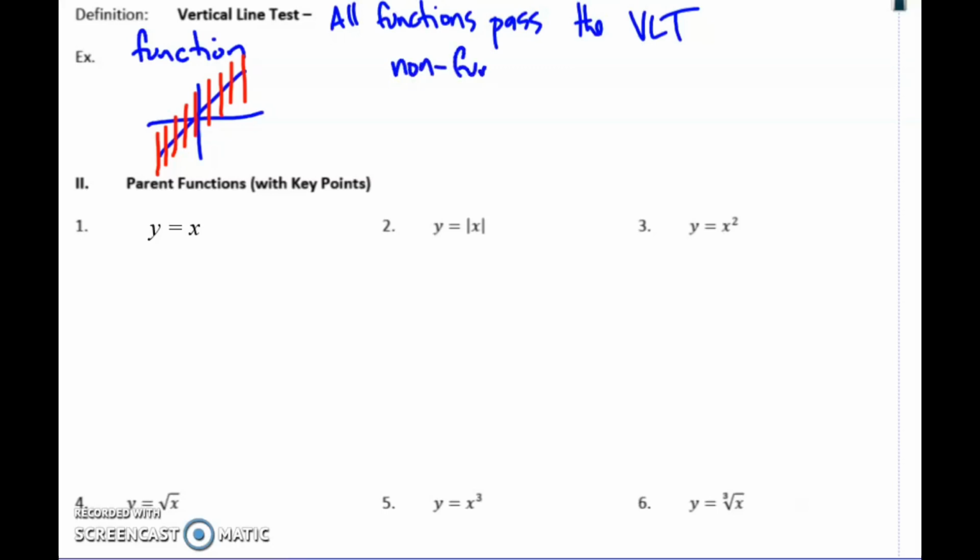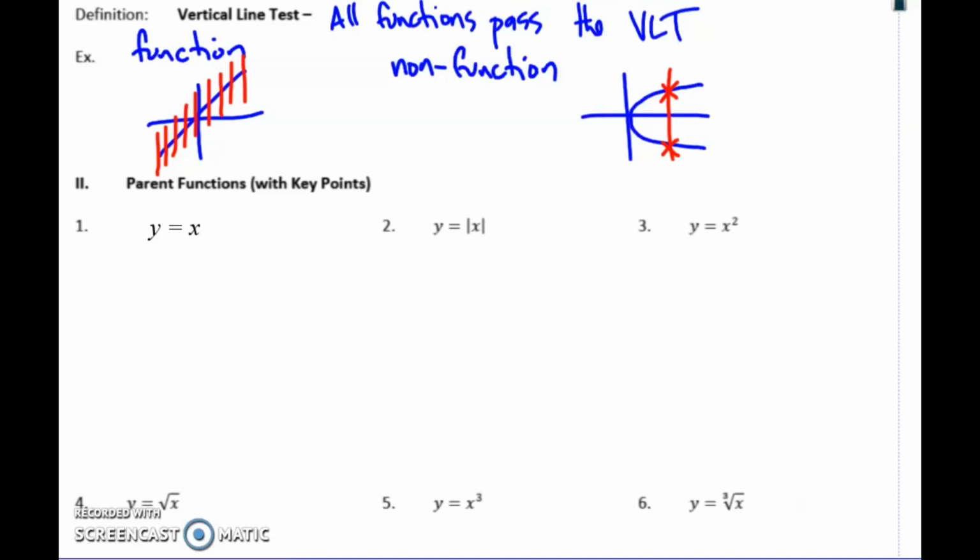A non-function, like that plus or minus square root x sideways parabola, a vertical line would intersect in two places. It only has to intersect in two places in one spot. So for example, if you can draw a vertical line that only hits once, that's okay. But if any vertical line hits that graph in 2 points, it's not a function.